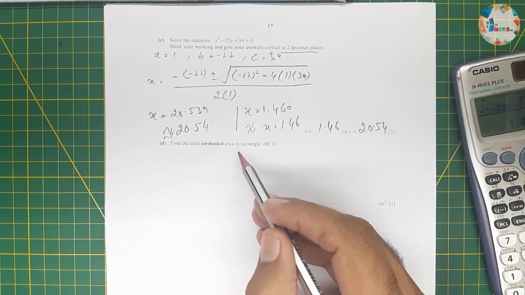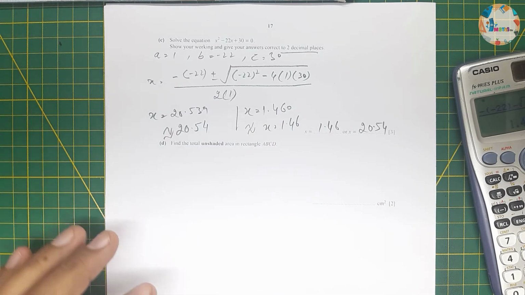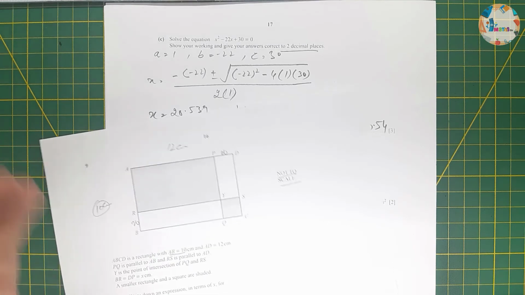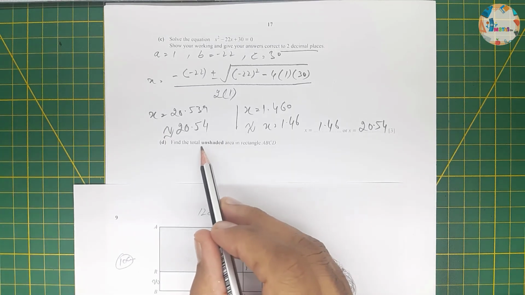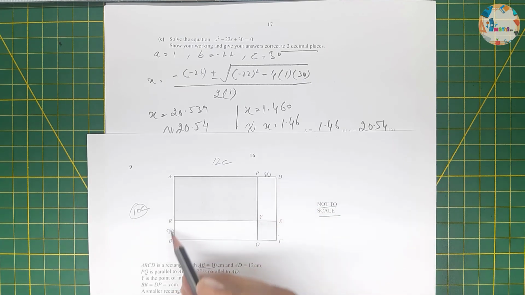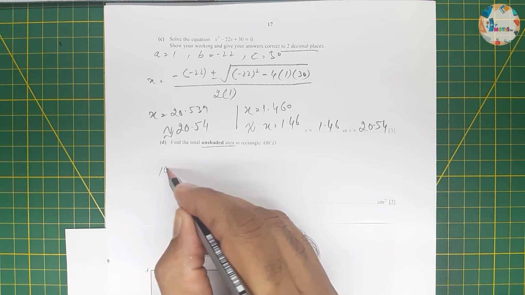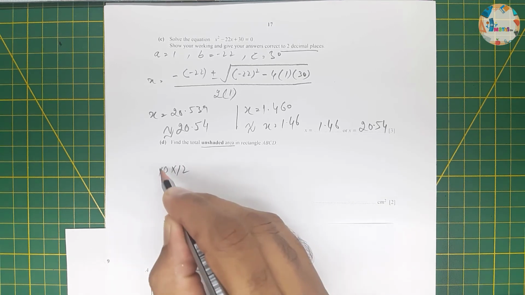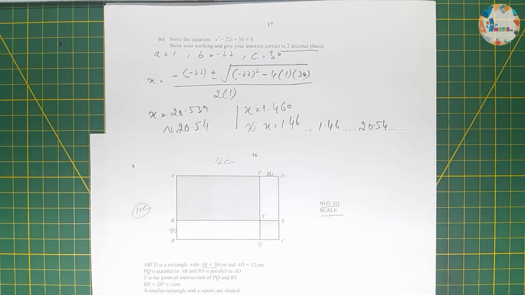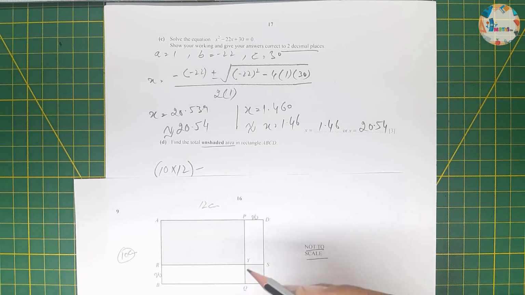Find the total unshaded area of the rectangle ABCD. For the unshaded area, we take the complete area, which is 10 into 12, 10 multiplied by 12. This is the complete area of the shaded and unshaded rectangle. From this one we can subtract the shaded one.